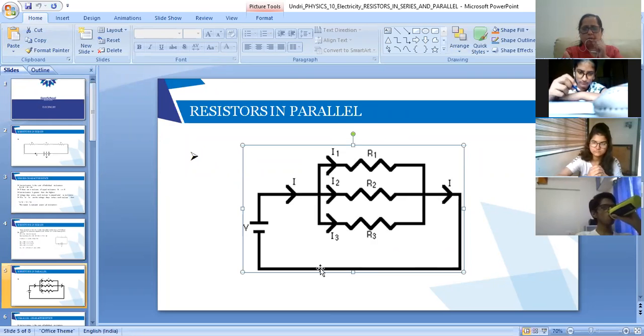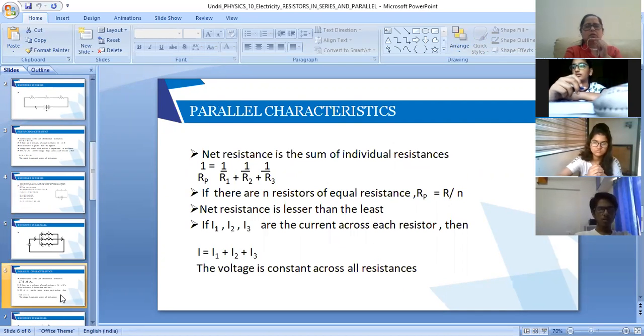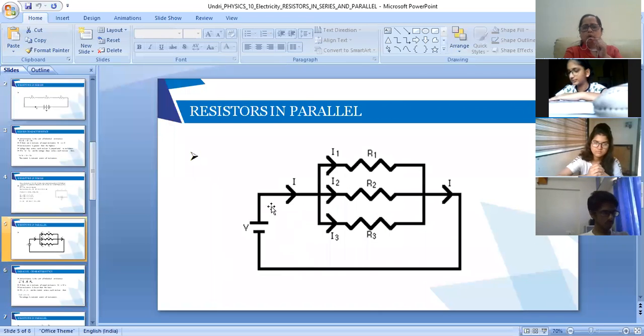The formula is 1 upon RP equal to 1 upon R1 plus 1 upon R2 plus 1 upon R3. Once I get RP, I will do I equal to V upon RP.